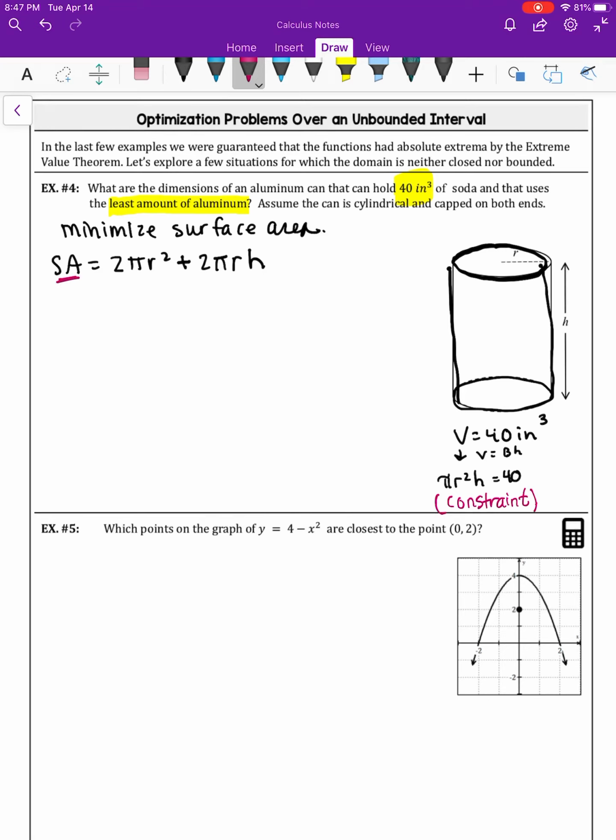That is your constraint, and that is what you're going to be using. You're going to have to put that in because right now your surface area is an unknown. Also r is an unknown and h is an unknown. So we have too many unknowns here.